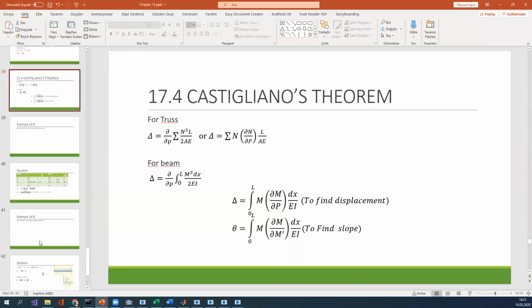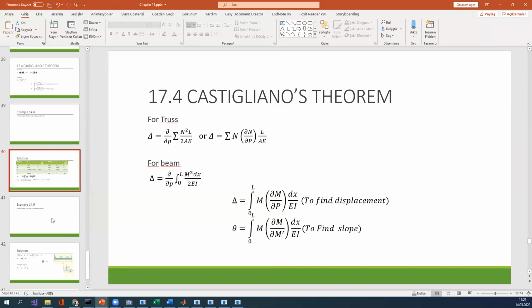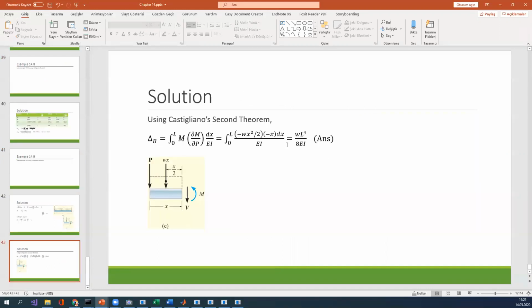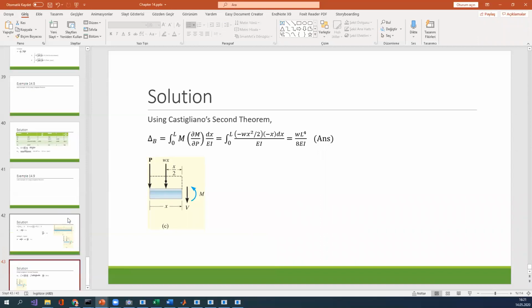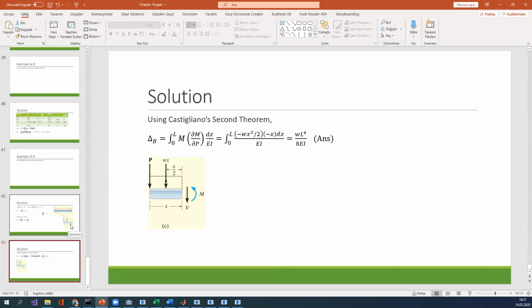If we continue, we will obtain the same displacement: omega L cubed over 8 EI. So this is the end of the question.